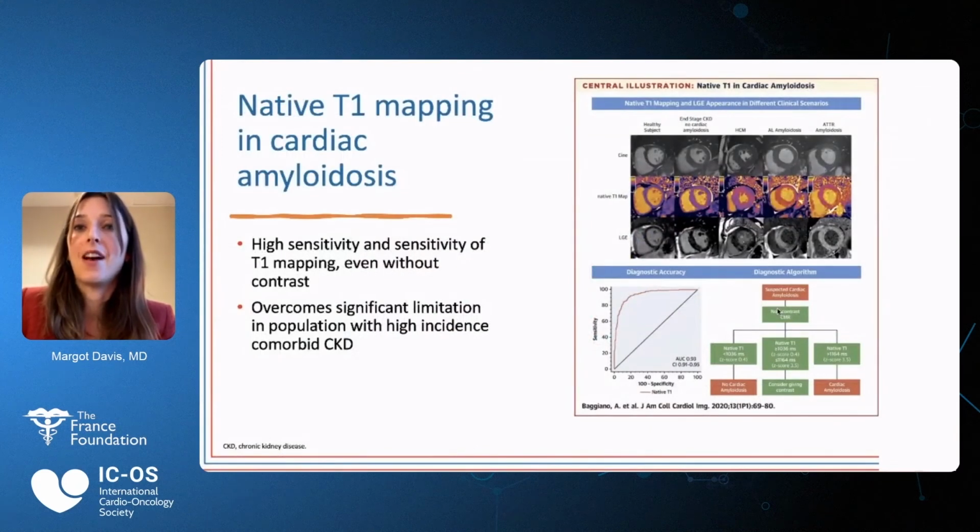And there's native T1 mapping, which, when appropriately read in centers with some experience, can have high sensitivity and specificity even without contrast, which may be very useful in patients who have renal dysfunction that limits the ability to get contrast.